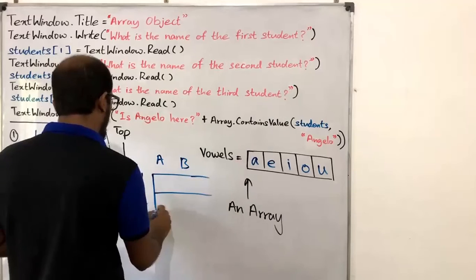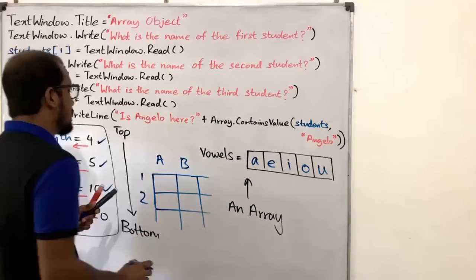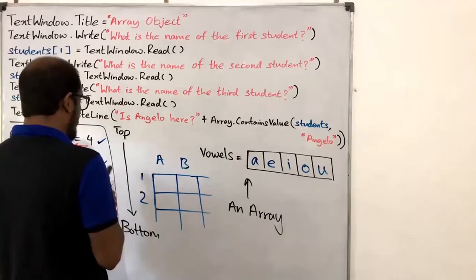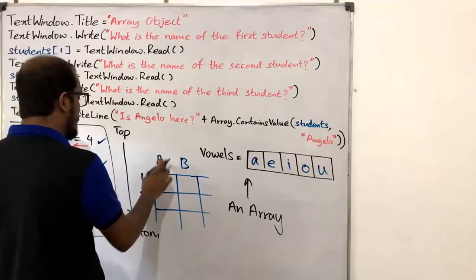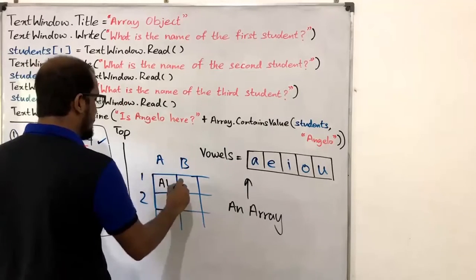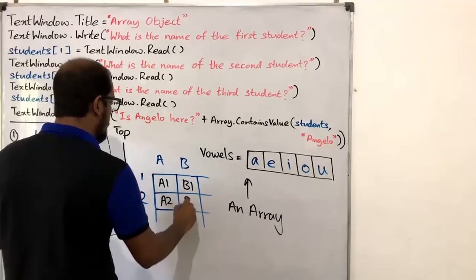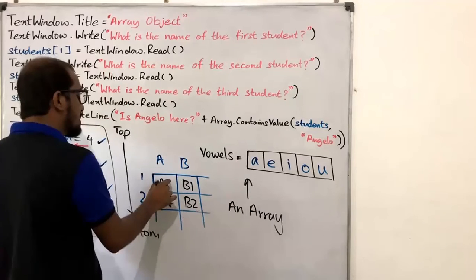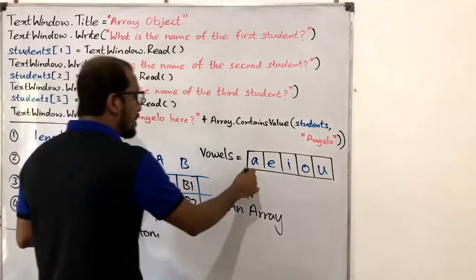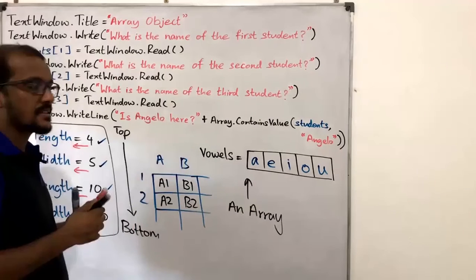This cell can be addressed as the cell under column A and in row 1, so it is A1. This is B1, this is A2, this is B2. As the cells in an Excel document have addresses like these, values in an array also have addresses.